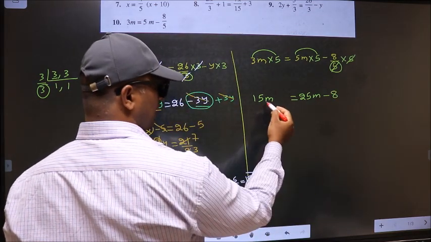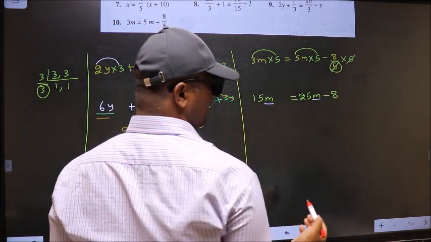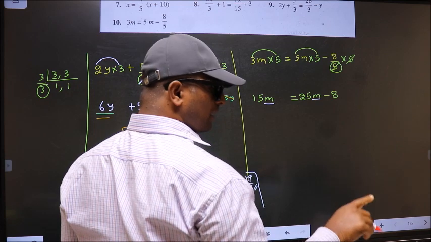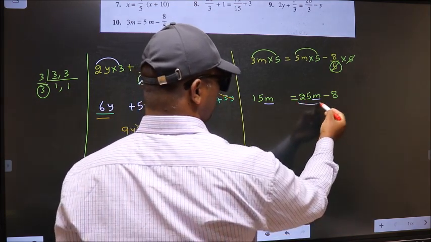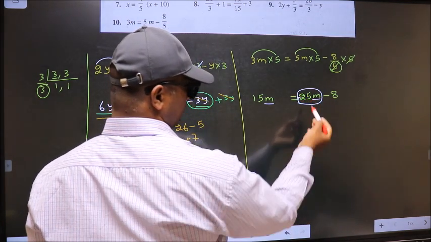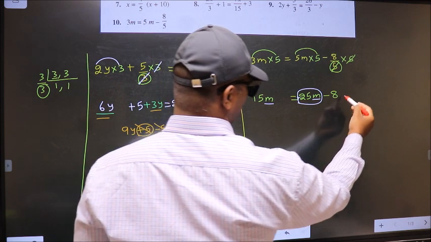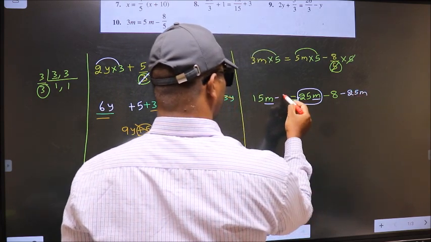Now we have m term present here and also on this side. So we should bring all the m terms on one side. For that, we should remove plus 25m from this side. So to remove plus 25m, you subtract 25m on both sides.